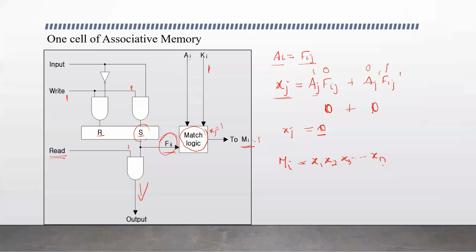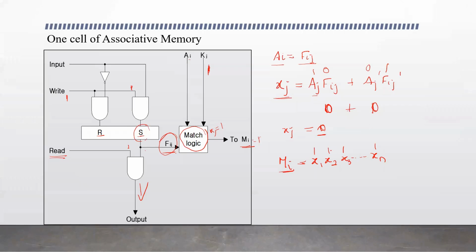If all the Xj's are 1, it means all the bits are equal, provided that Kj is 1. The bits are compared only if Kj is 1; those parts of the word that are not needed need not be compared, to avoid wasting time. So if all these Xj are 1, Mi is set to 1.